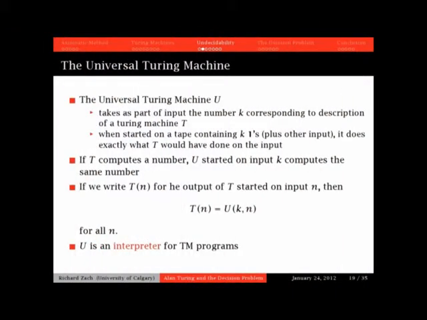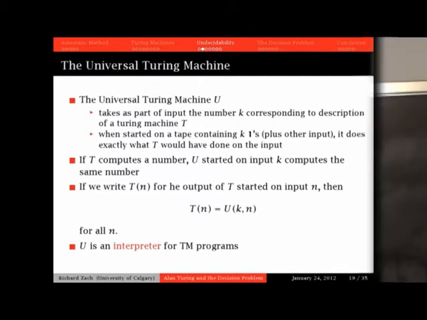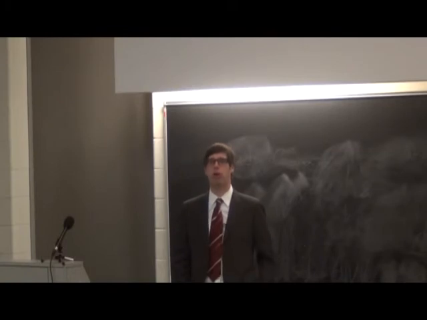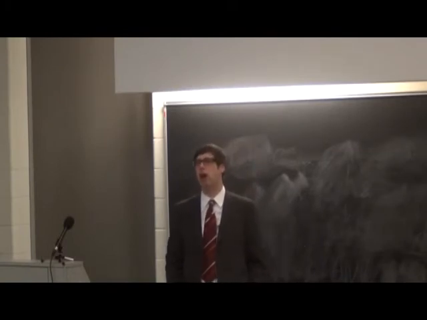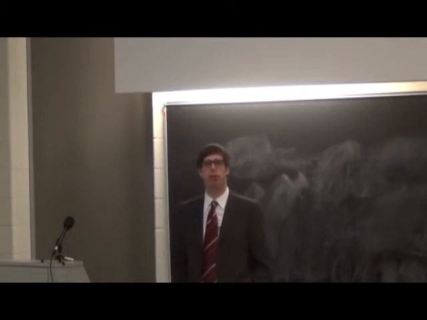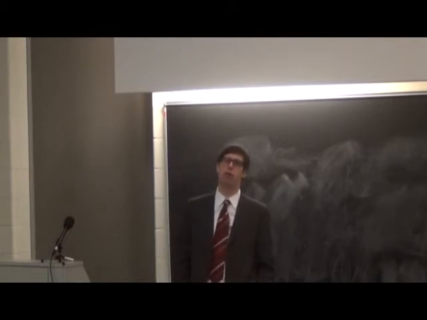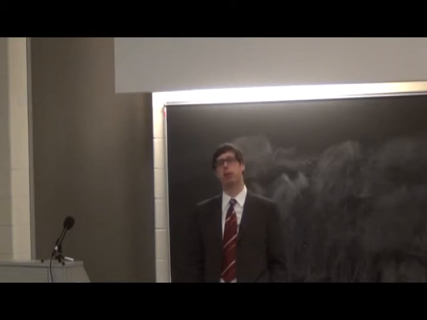The universal Turing machine U takes as input a number that codes, according to that coding on the previous slide, a Turing machine program. And then whatever the Turing machine, the code of which we've written on the tape, does on the rest of the input, the universal Turing machine does on the input code of that Turing machine plus the input.